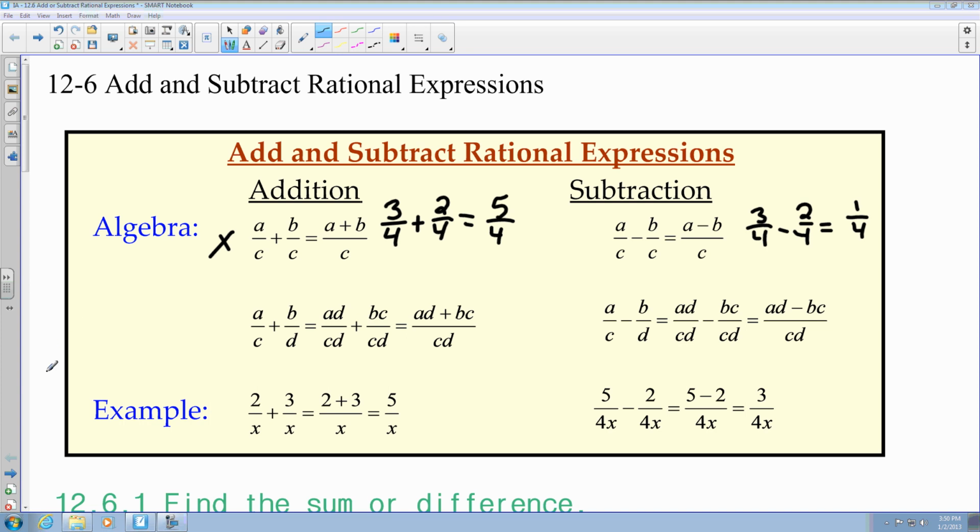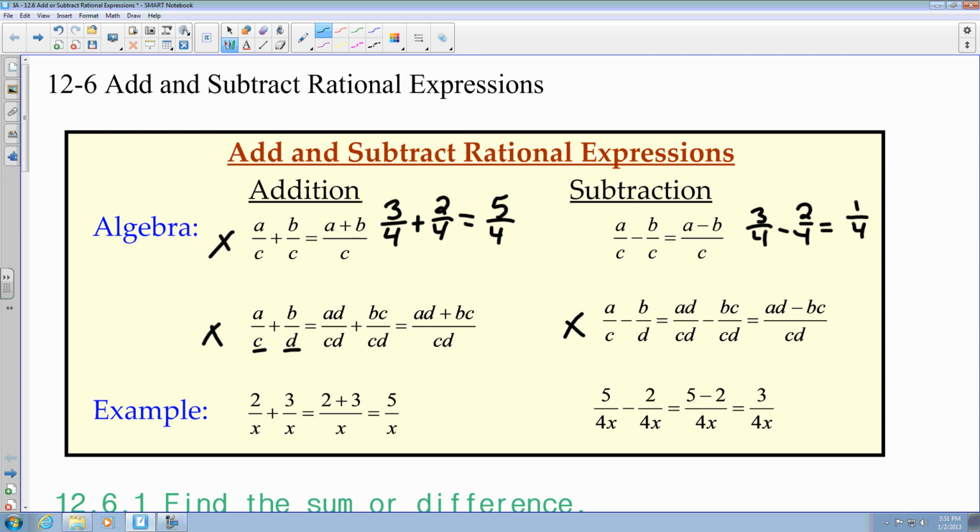Now, if you have two fractions that you're adding together that have different denominators, like the examples here, you have a over c plus b over d. What you have to do is find a common denominator. Often, the best way to find a common denominator is to take the denominator in the first fraction and multiply it by the denominator in the second fraction.